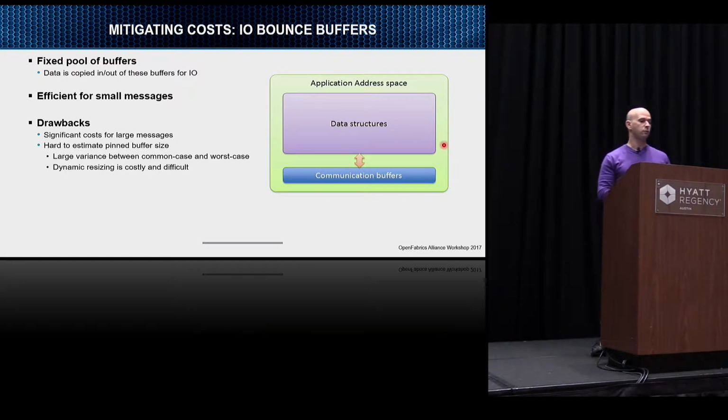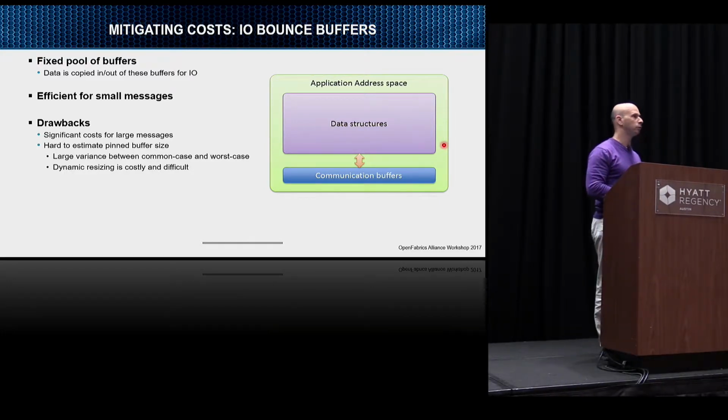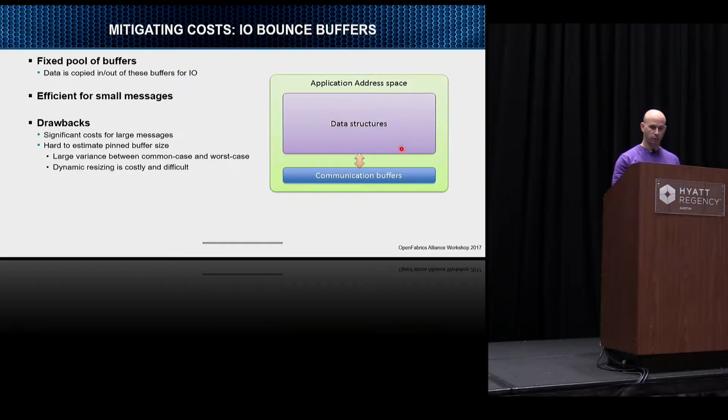People have tried to mitigate these costs. I just mention here two main techniques, but of course there are all sorts of optimizations and ways to interleave these two techniques. The first is using a fixed pool of buffers. You have your application workspace with all your data structures, and you have your communication library with some pool of pinned buffers, and then you just copy data in and out as you communicate it.